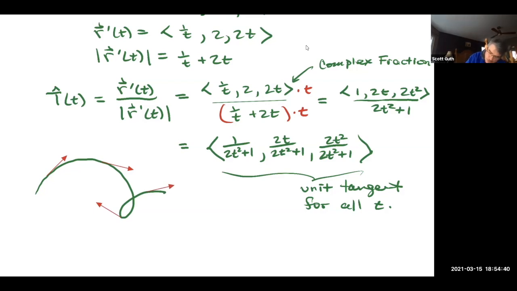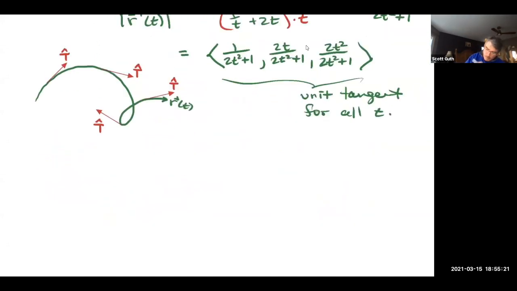So every one of those is a unit tangent and it moves in time. Okay, any questions?